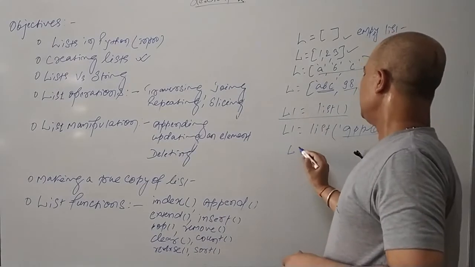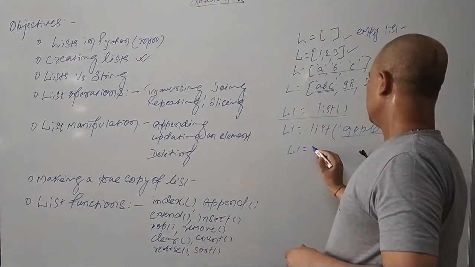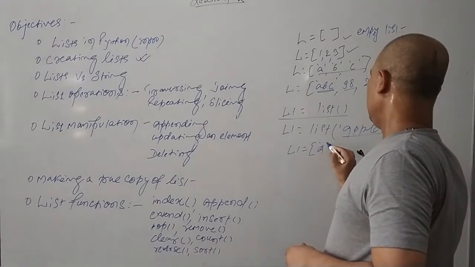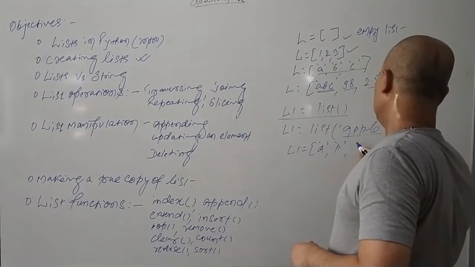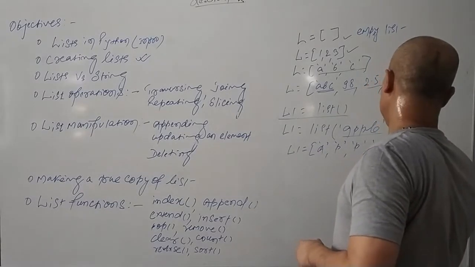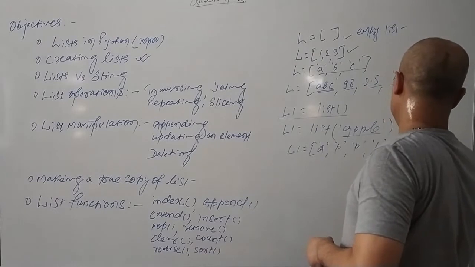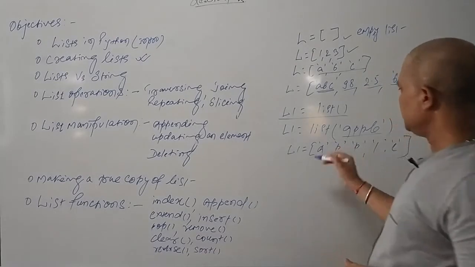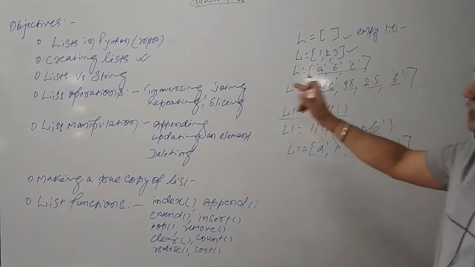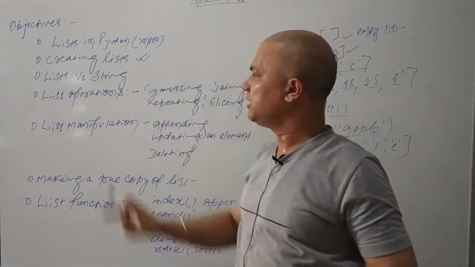It means L1 now has elements A, P, P, L and E. This is how a list can be created in Python. That was my second point of today, creating a list.